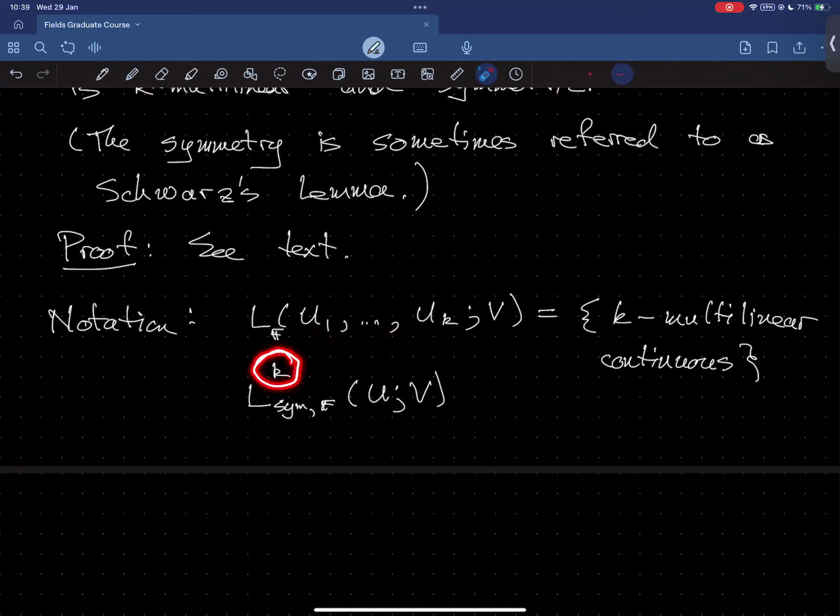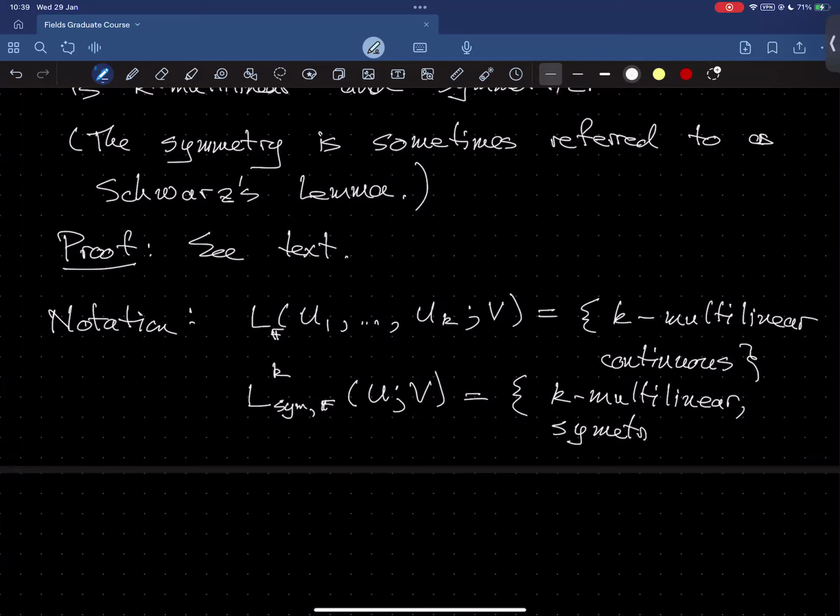And the multilinearity I represent with the k here. So these are k multilinear, symmetric, and continuous. All right, good, so that's the notation.